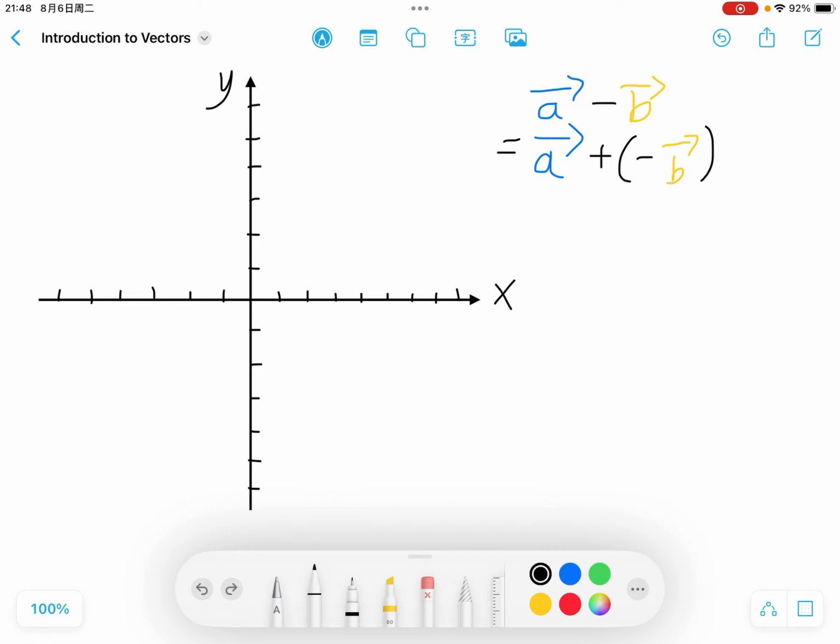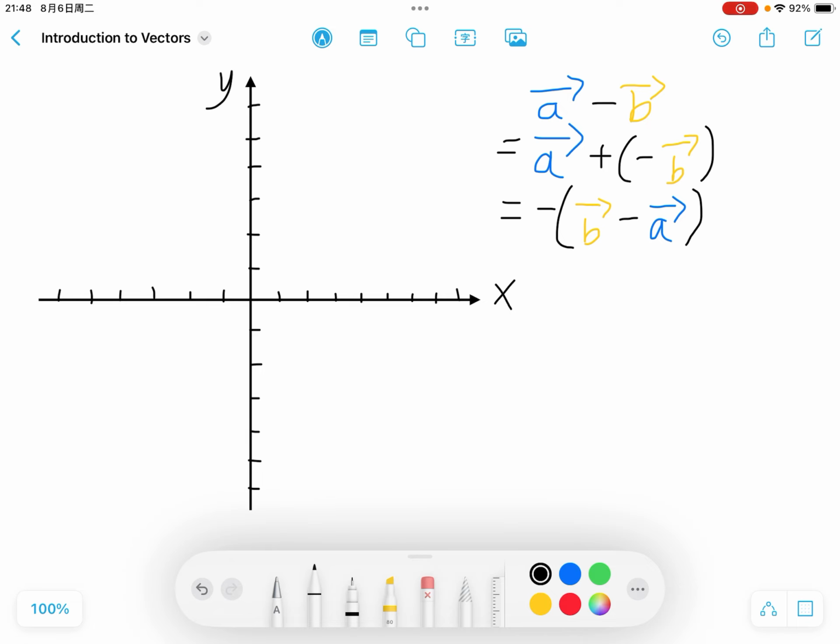Okay, so now moving on to my second point. What we're going to do here is use an example to illustrate the fact that vector A minus vector B is actually equal to vector A plus negative vector B. Okay, so how do we prove this?